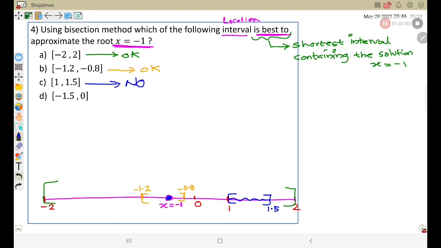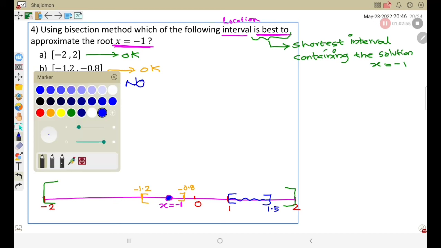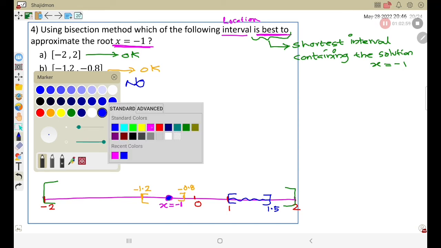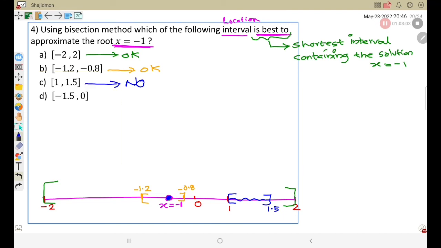Now the last one is minus 1.5 to 0. Minus 1.5 is here, and 0 is here. This is also okay, because our answer is in between these two numbers, so we can take it.